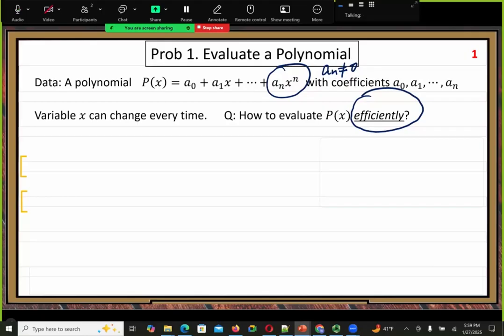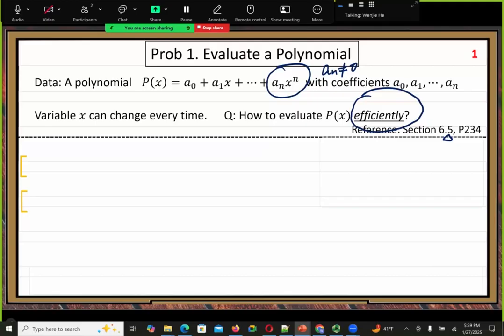Here, I give you the reference. The material I select is from section 6.5 on page 233. Although I jump to section 6.3 this early, the reason is, first, this problem is interesting but simple. We have enough knowledge to understand this problem.